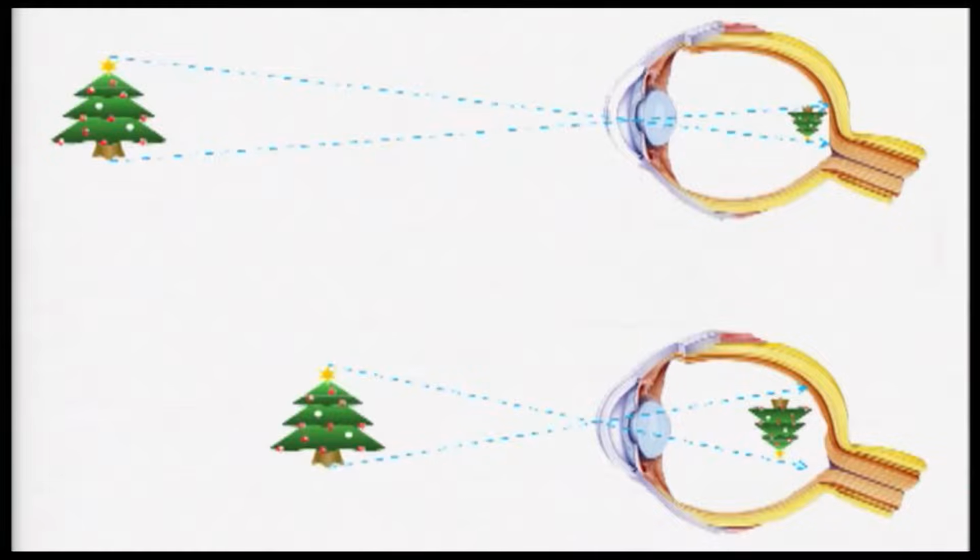So, nearer objects will have bigger images on the retina, far off objects will always have a smaller image on the retina. But the beauty of human perception is that we still maintain the size of the objects that we see, and remember this will always be true for familiar objects. If you are not familiar with the object, if you have never seen this object, this is a novel thing for you, then you will lose this size constancy.